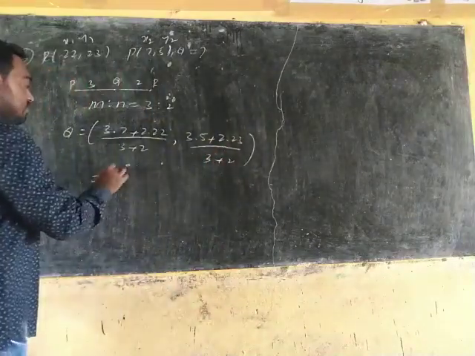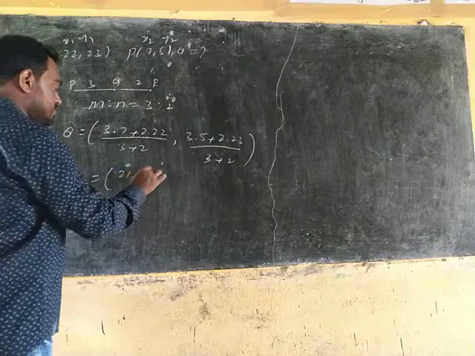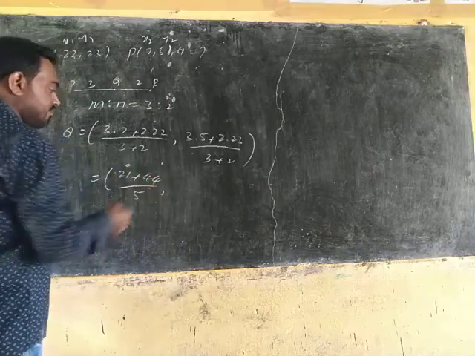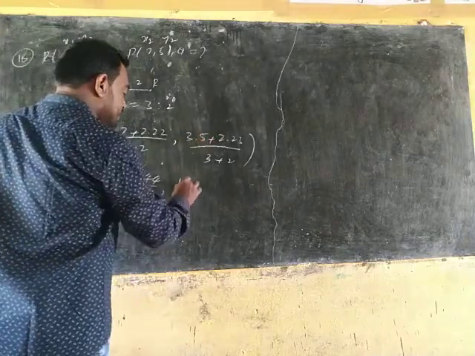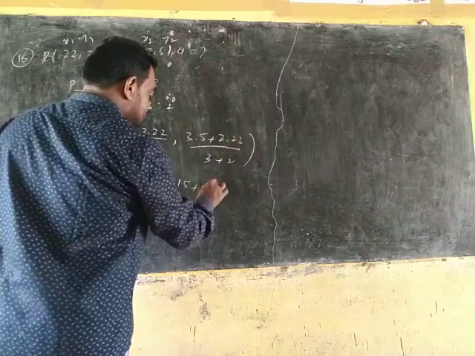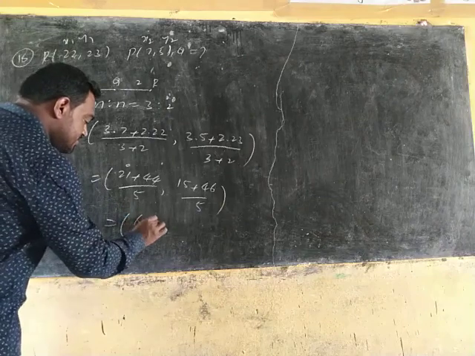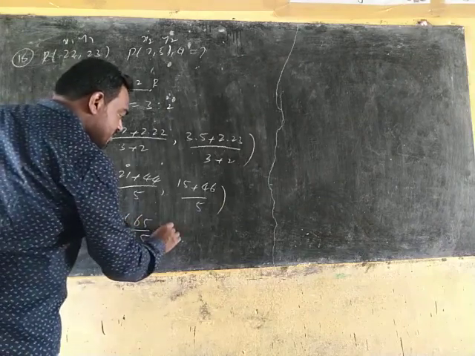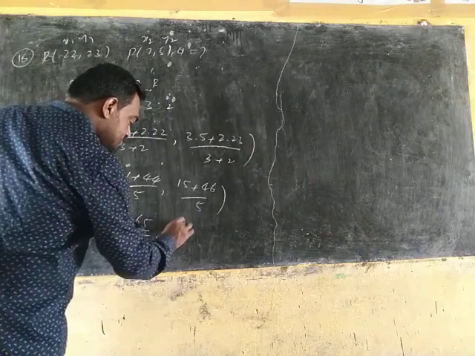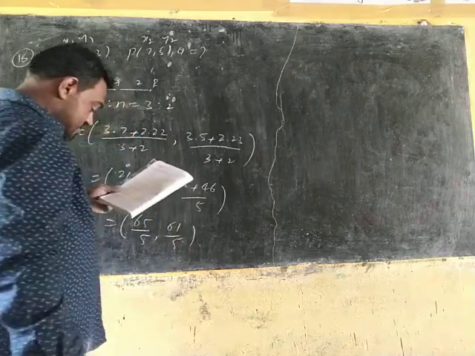This is equal to 3 sevens are 21 plus 44 by 5, 3 fives are 15 plus 46 by 5. This is equal to 65/5, comma 61/5 is the right answer.